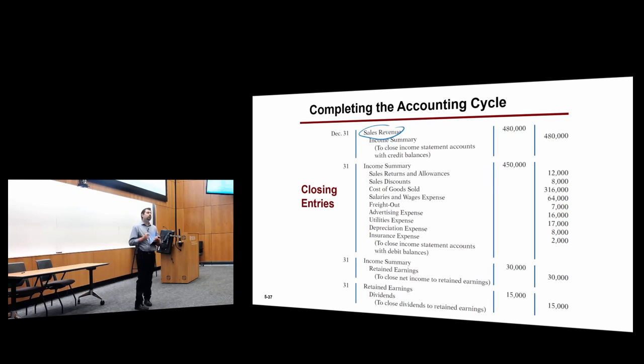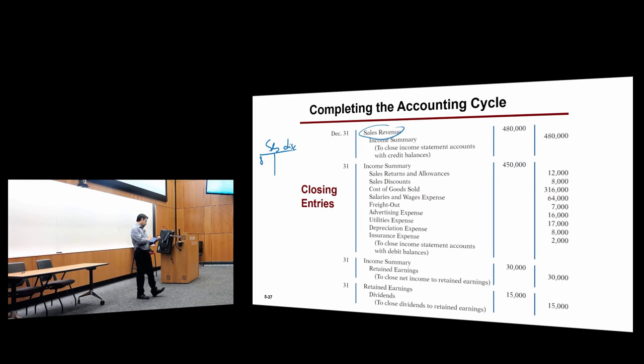Contra revenue accounts. What normal balance do they have? Debit. So what do you do to close them? You credit them. Remember, if you want to close them, that means you want the balance to be zero. So for example, sales discounts had 8,000, right?